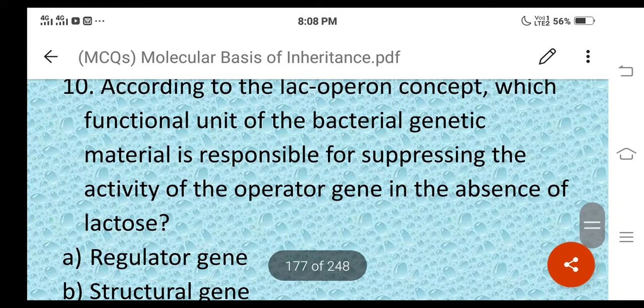According to the question, option A is the correct answer. It will be the regulator gene only.